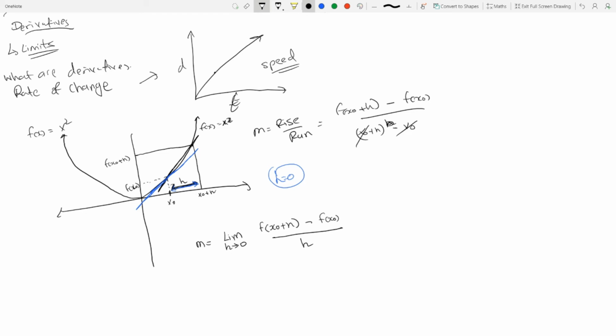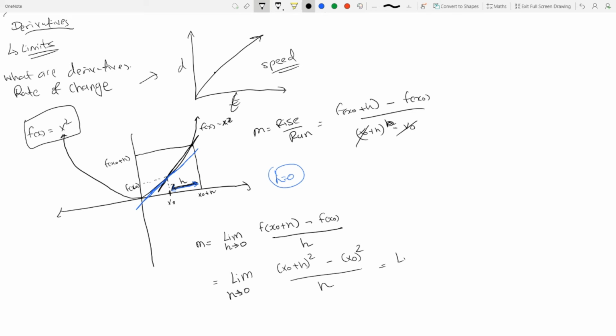So in this case, if you have an example right here, f of x equals x squared, you just plug it in, right? So you solve it. Limit as h approaches 0 of x naught plus h squared minus x naught squared over h.